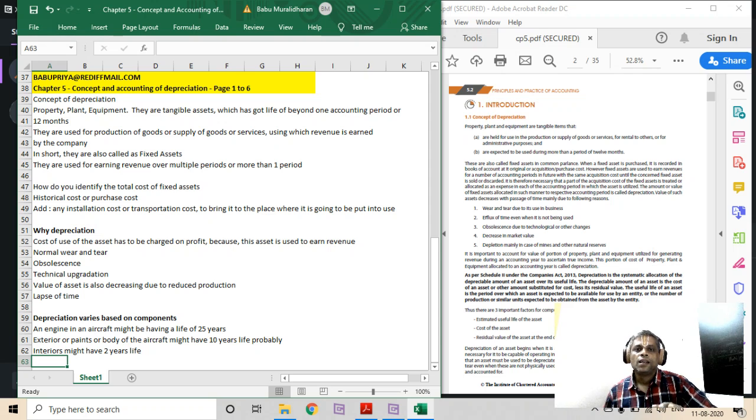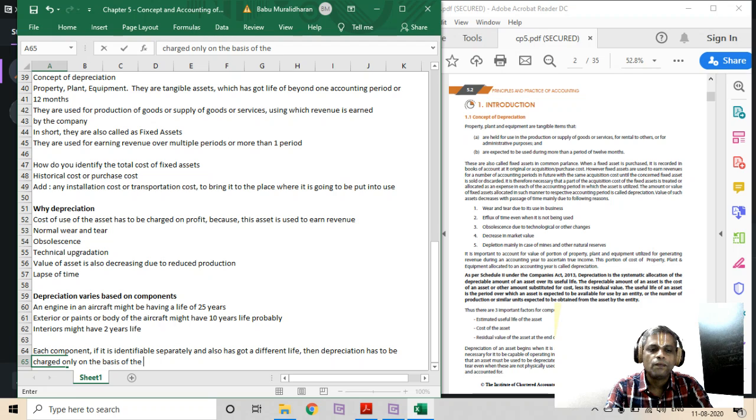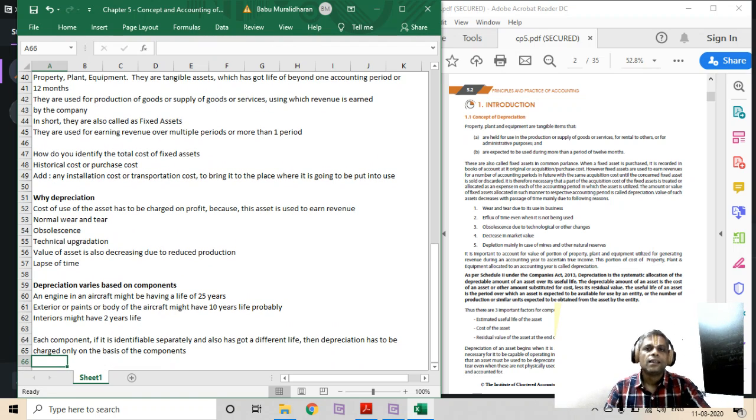No. Each component, if it is identifiable separately and also has a different life, then depreciation has to be charged only on the basis of the components, right? This is more clear, right?